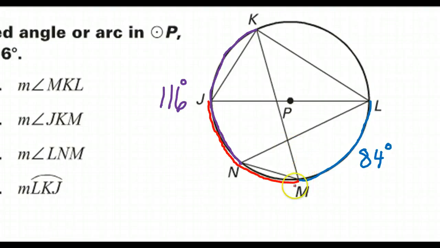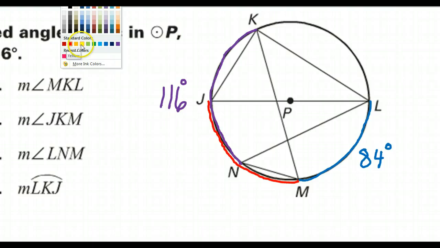Okay, now arc MJ I've shown here in red. Okay, from M to J, that's what we are supposed to find. And again, I direct your attention to the semicircle, my friends. Because for some reason I like to do this in yellow.